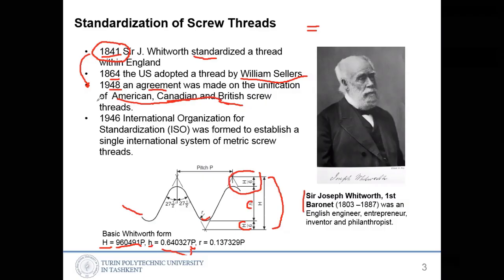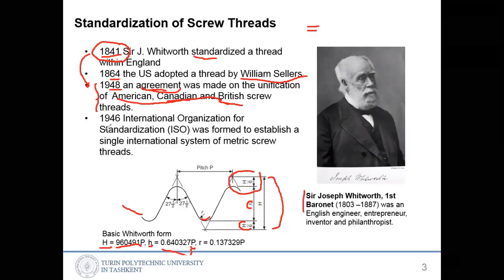That was expensive, time consuming, and a very difficult thing. So they made an agreement on threading, and then they produced the spare parts of the train in America, in Canada, in every country. So it was only these countries, and it was easy to use and exploit the goods and equipment.